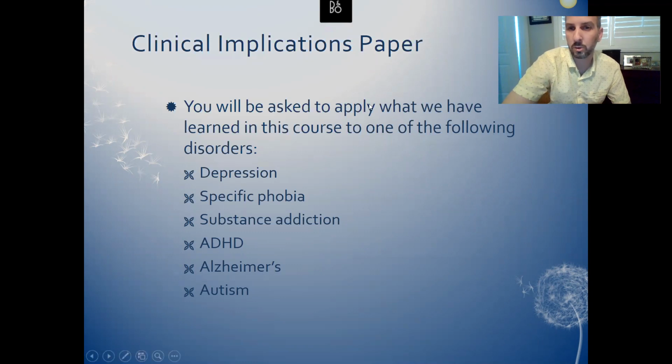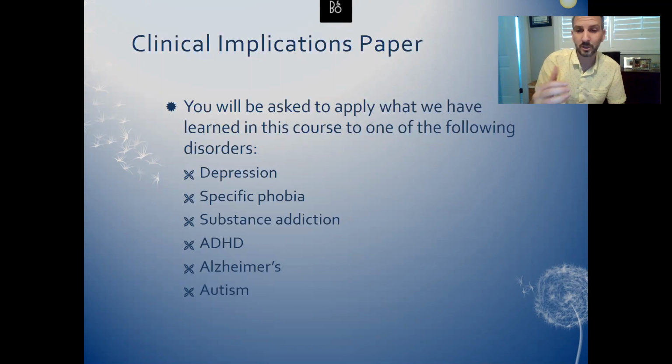You can address major depression, specific phobia, substance addiction, but in the DSM-5, it's called substance use disorder, ADHD, Alzheimer's disease, and autism spectrum disorder. Those are your 6 options, and you can choose whatever you have an interest in or some familiarity with. I encourage you to pick the one that you'll enjoy writing about the most.